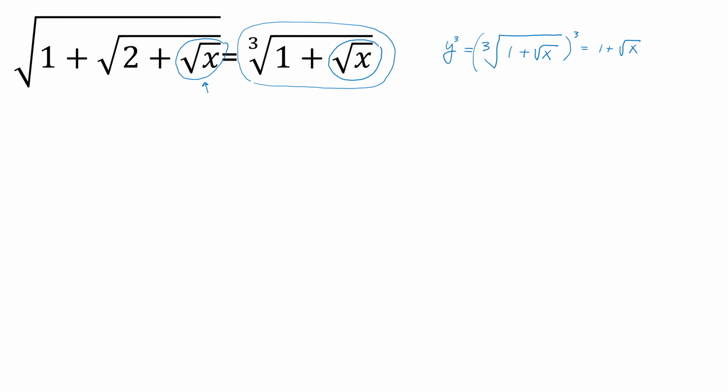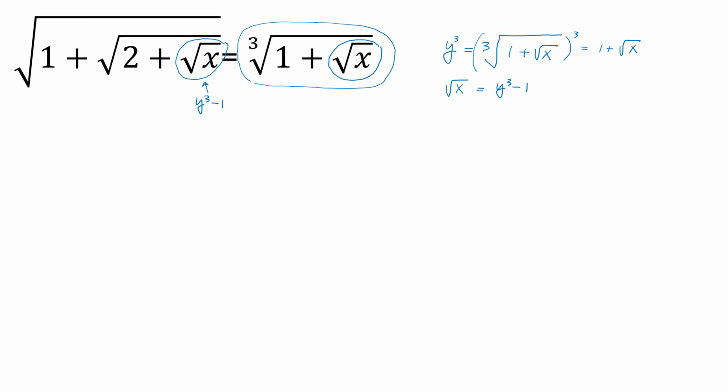To solve for square root of x, square root of x can be y cubed minus 1. So now my square root of x equals y cubed minus 1. Then we can substitute it in here, y cubed minus 1.